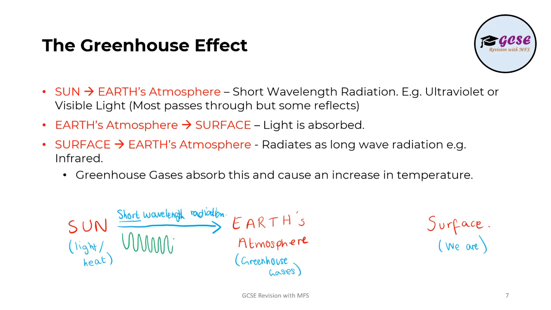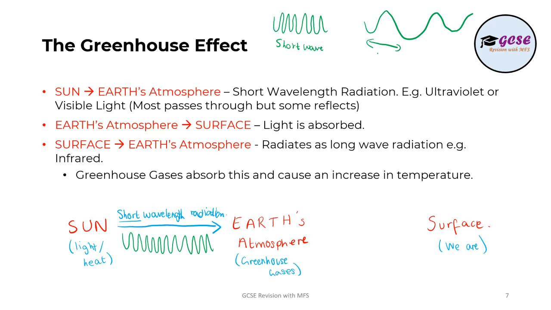They're more shortwave. So this you would classify as shortwave radiation, and this would be more longwave radiation, because there's more of a gap between the peaks and the troughs. So this is shortwave, and this is longwave.